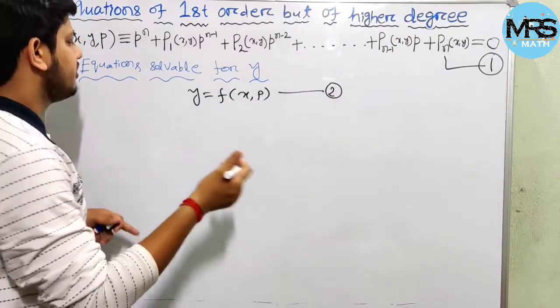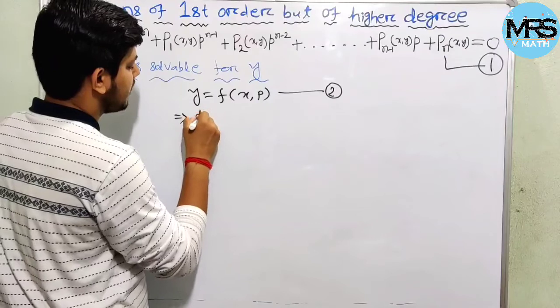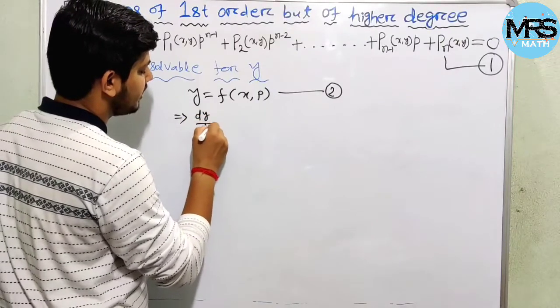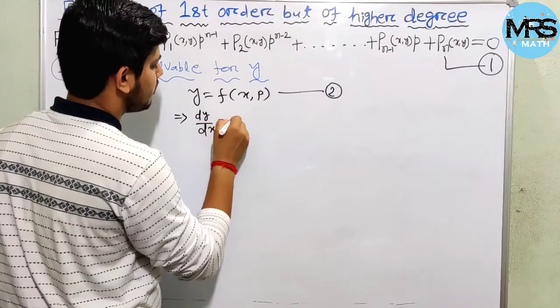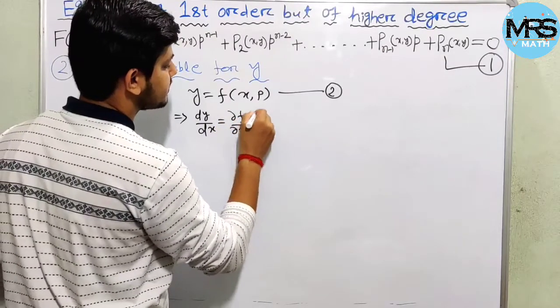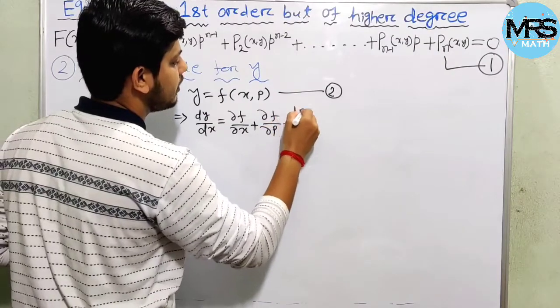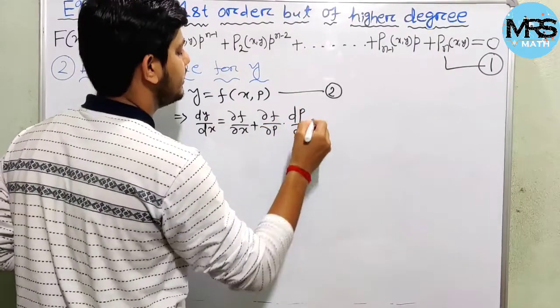Then if we differentiate with respect to x, we get dy by dx equal to del f by del x plus del f by del p into dp by dx.